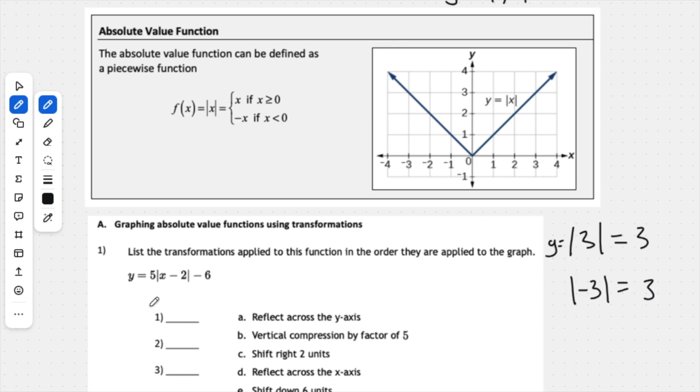the transformation section. Just as a refresher, we are listing the transformations in the order in which they're applied.